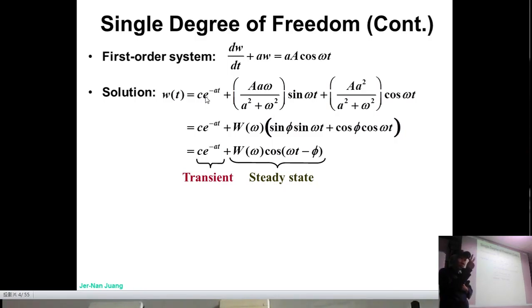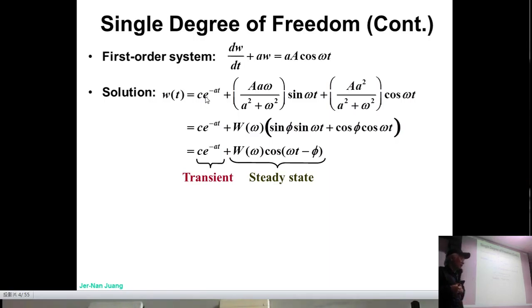So look at it, because we have two terms. Any solution, any differential equation, any ODE like this, we have two terms. One is a transient response. But let me put it this way.